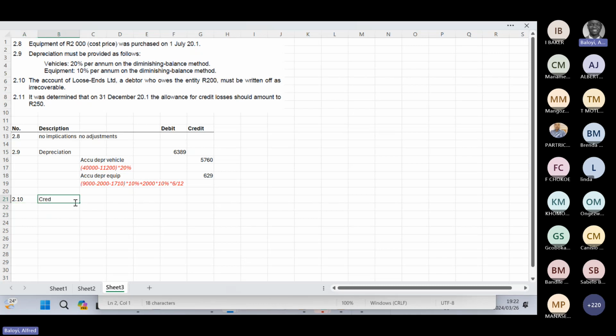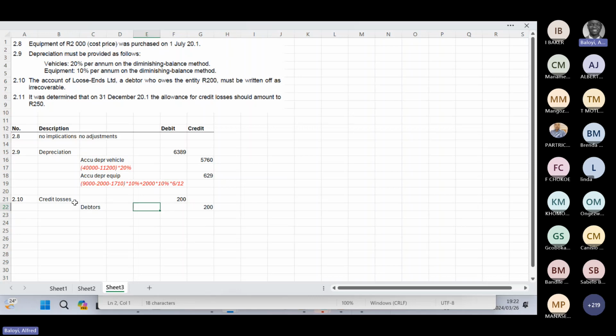So we will have credit losses of 200, and that will be an expense, and expenses increase on the debit side. And because this is included in debtors, debtors are decreasing because now the amount will not be received. It will go on the credit side. I think that should be straightforward.